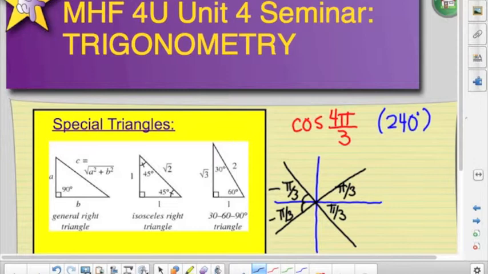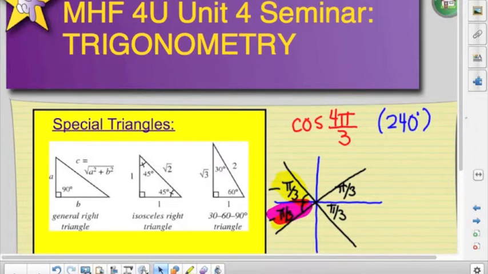So if we're looking at cos 4 pi over 3, 240 degrees gives us a negative quadrant. The only other quadrant where it's also negative would be this quadrant as well. So you're going to focus on these two quadrants.